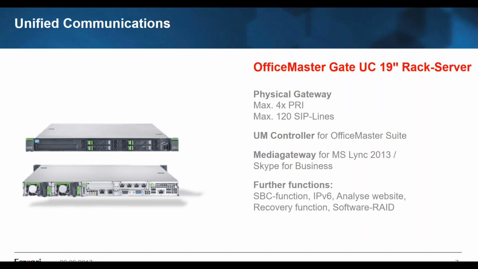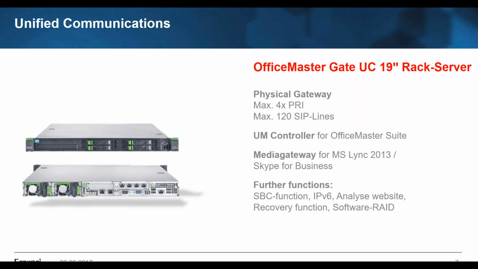Okay, then we go to a bigger product. It's our OfficeMaster Gate UC 19-inch rack server. You can use it, of course, as a physical media gateway. It has interfaces up to 4 PRI, and it also supports 120 concurrent SIP connections.